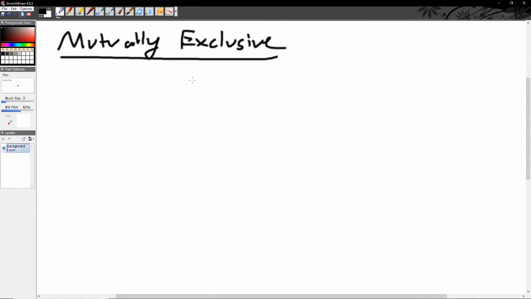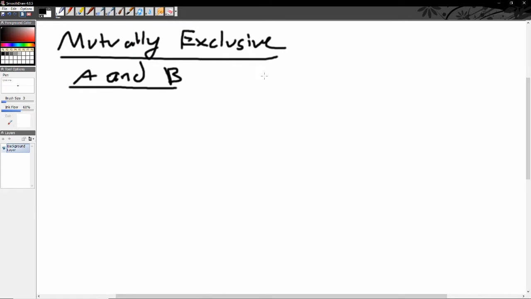So mutually exclusive events are essentially if you have two events, A and B, only A or B can happen at the same time. So what this means is that, let's take an example.